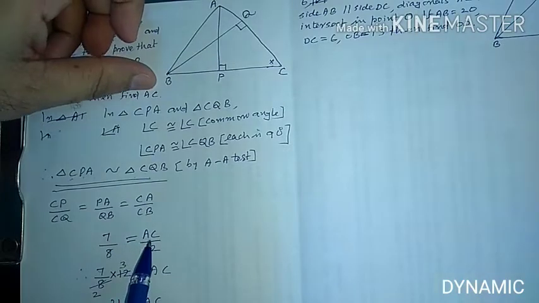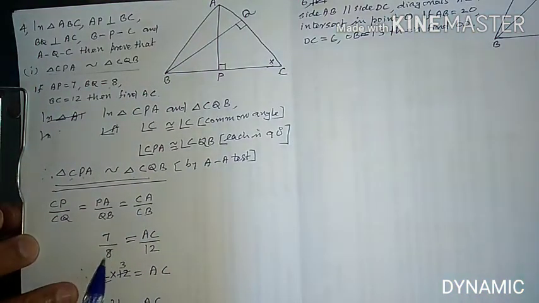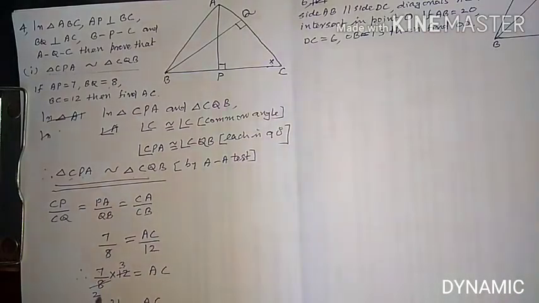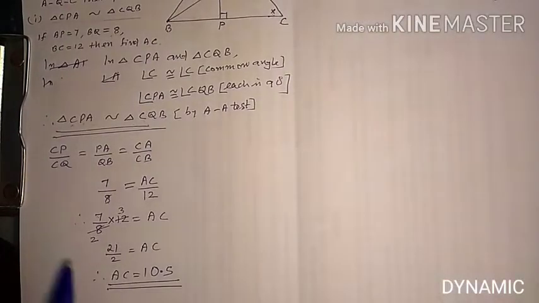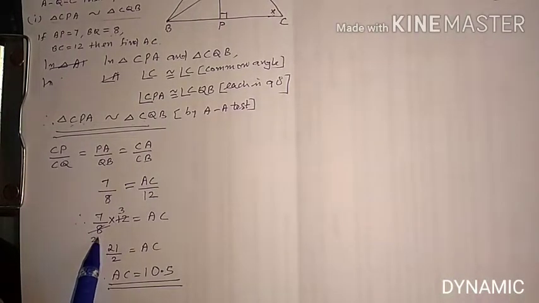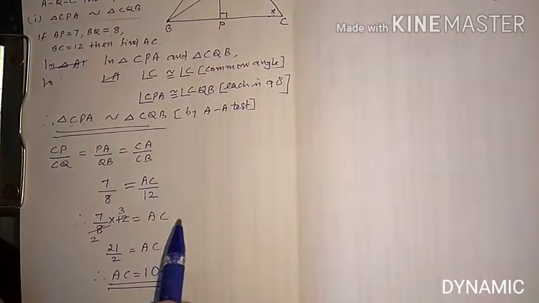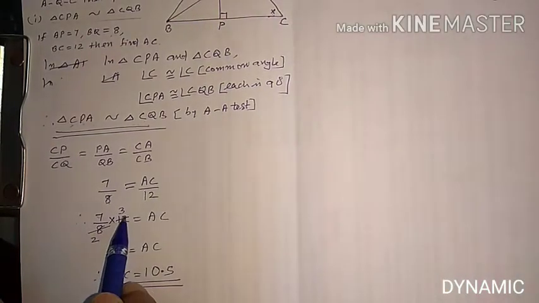AC we have to find out, that is 7 by 8 into 12 equal to AC. Now we cancel. Simplification is there. 4 and 4 we cancel, 2 times and here 3 times.